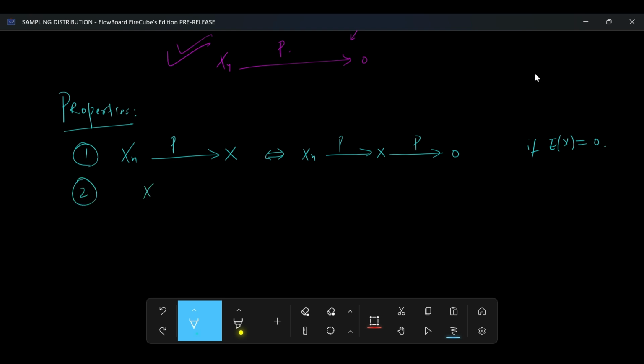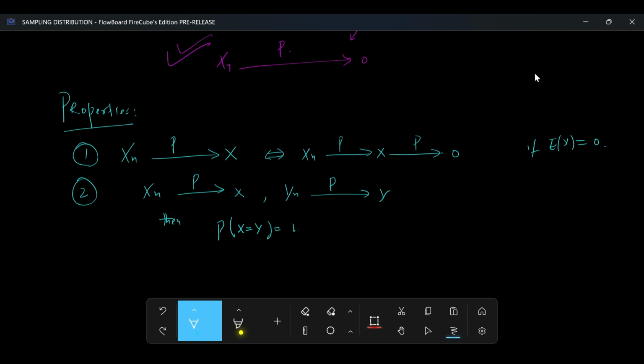Number two, Xn converges to X in probability and Yn converges to Y in probability, then probability X is equal to Y is equal to 1.